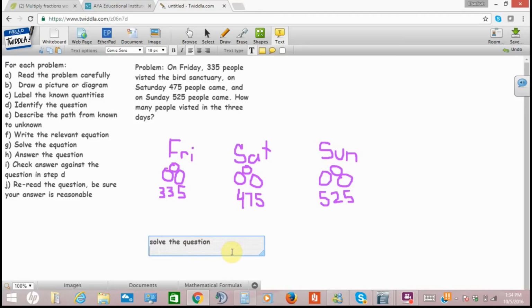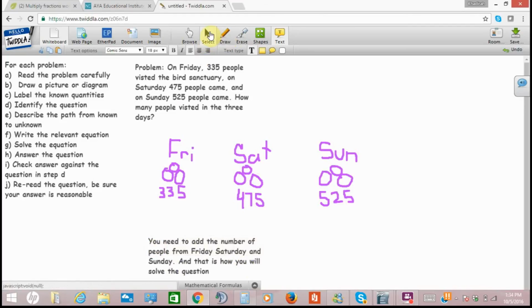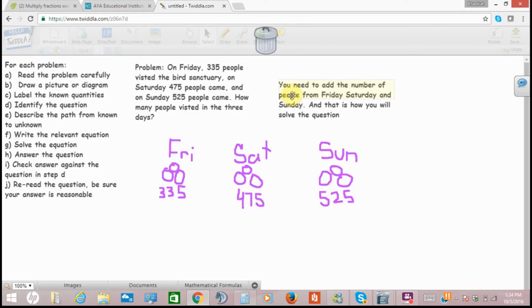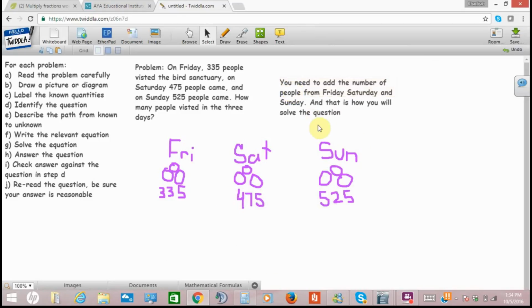Now, as you see, I didn't use any of the numbers that were provided in the problem. So here, let me move this up here. So yes, that is part E, which is describe the path from known to unknown.